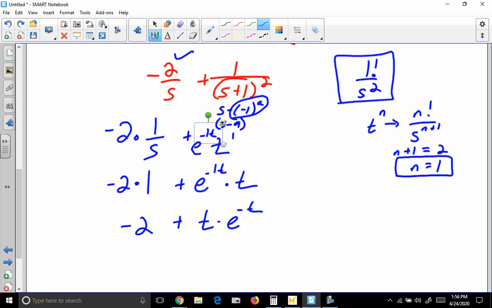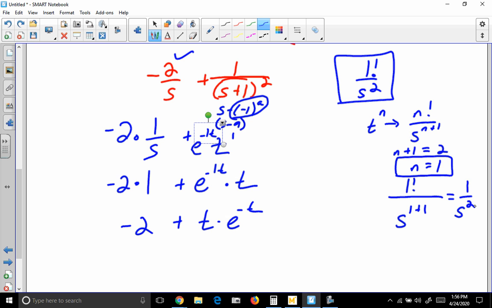And then we have to figure out, well, how does 1 over s squared go? So we want to rewrite this to make it fit our formula. If it's s squared on bottom, then n would be 1. So if n is 1, we would need 1 factorial on top, and we have 1 factorial on top. 1 factorial is 1.